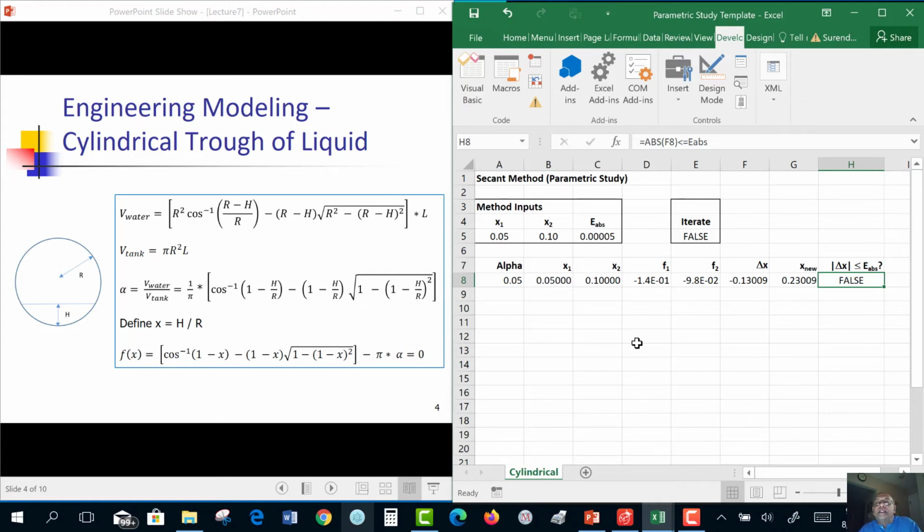So now what happens is, I want this x2 to go to x1 here, and I want x new to become x2. Previously what we did was we made a table. I would have expanded this and made a table, and eventually we would have converged.